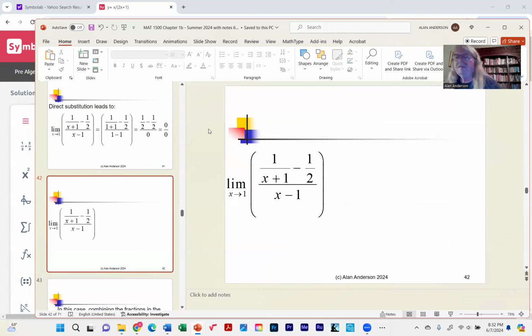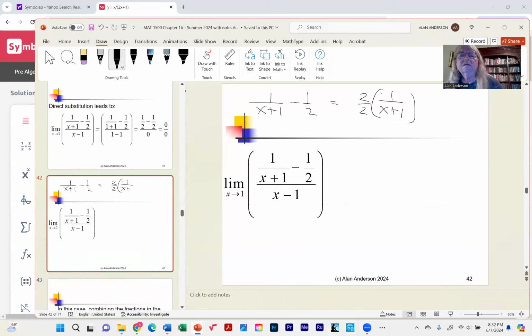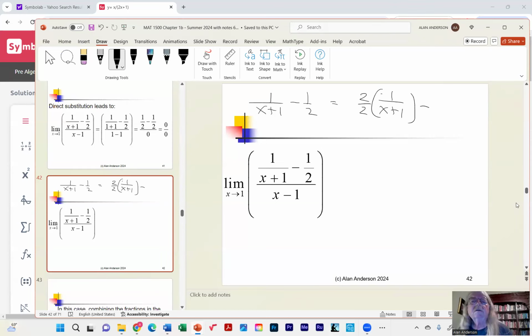So what we're trying to do is combine these two terms. So we need a common denominator. So we'll multiply the first term by 2/2. The second term we'll multiply by x plus 1 over x plus 1.